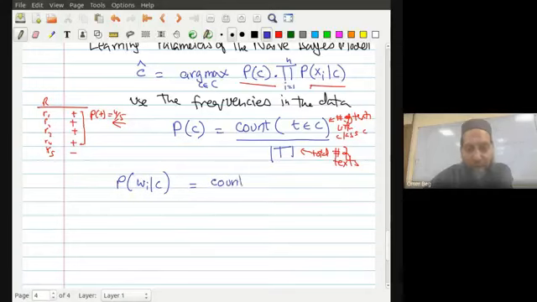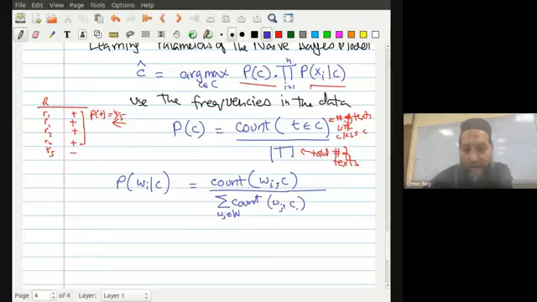We are going to count the number of times this word i appears in this class C, or appears associated with this class, and divide it by the total count of words appearing in that class. So this is the sum over j, where wj is the set of all words in this class C.